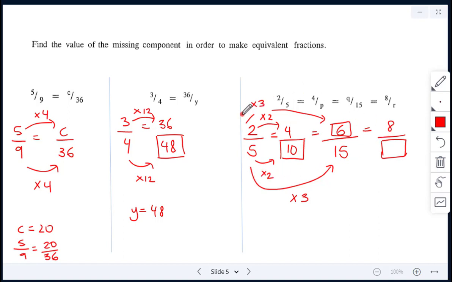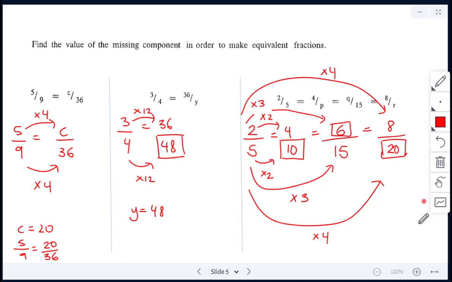I'm just going to show that going over like this. We had to multiply by 4 to give me 8. 2 times 4. So therefore, we have to take the 5 and multiply it by 4, which gives me 20. All right, so we have completed those fractions, but we'll keep in mind we started with 2/5.